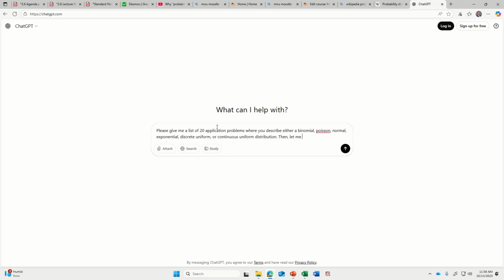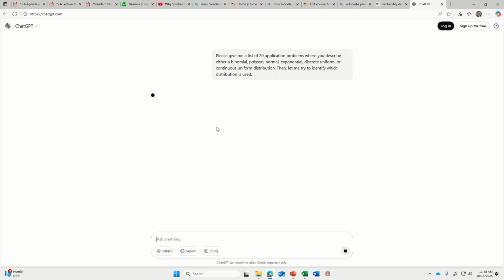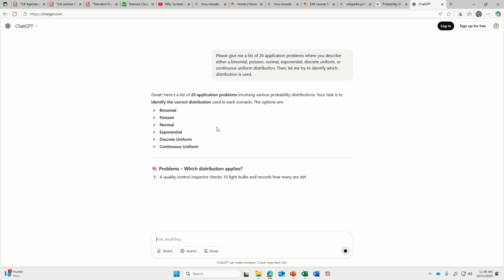Then let me try to identify which distribution is used. And if you've never used ChatGPT before, it's kind of good at this kind of thing.